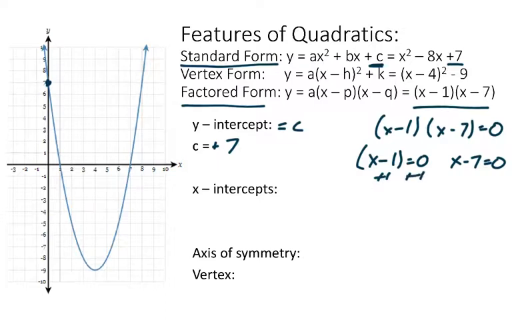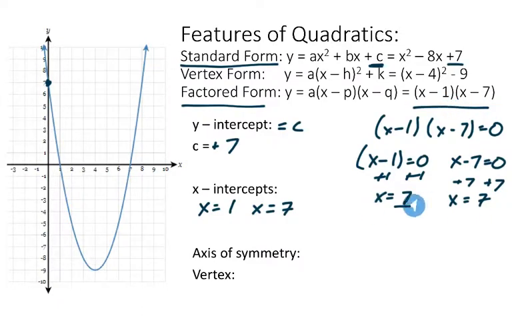So add 1, add 7, x equals 1, and then x equals 7. So my x-intercepts, according to the factors, are x equals 1 and x equals 7. You just solve it mentally or quickly, and then, hey, look at that, there are my x-intercepts right there.